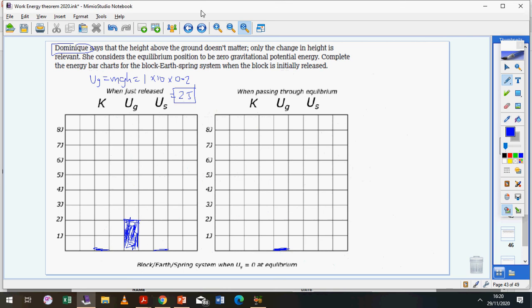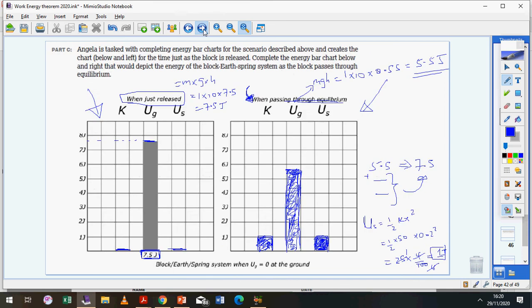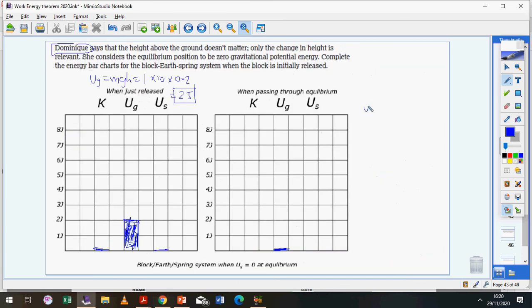What else we see is that when it's passing through equilibrium, it's still being stretched 0.2 meters. The extension is still 0.2 meters, so we still expect it to have elastic potential energy, which is half kx squared. Using the same calculation, 50 times 0.2 squared, will still give us 1 joule.